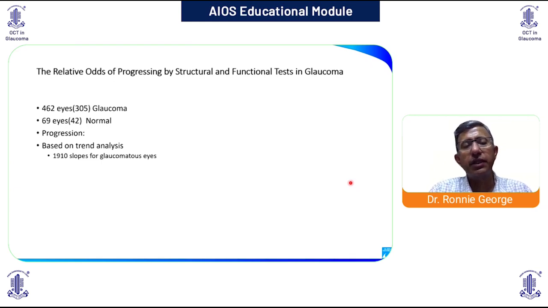I will last share with you the relative odds of progressing by structural and functional tests in glaucoma. This is a paper which looked at about 462 eyes with glaucoma and 69 normal eyes. They did the study based on trend analysis. They generated slopes of the trend analysis for glaucomatous eyes.